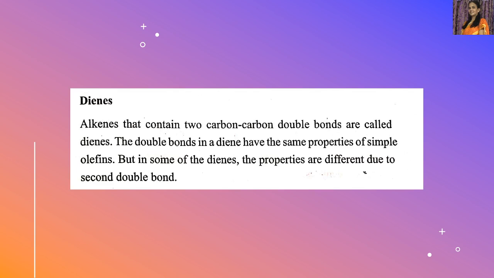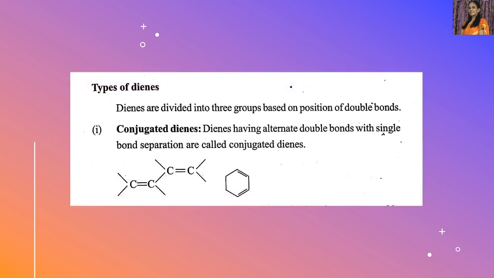Okay, so now how are these dienes classified? We said dienes are the alkenes which contain two carbon-carbon double bonds. Dienes are classified into three types. One is conjugated dienes, second is isolated dienes, third is cumulated dienes.